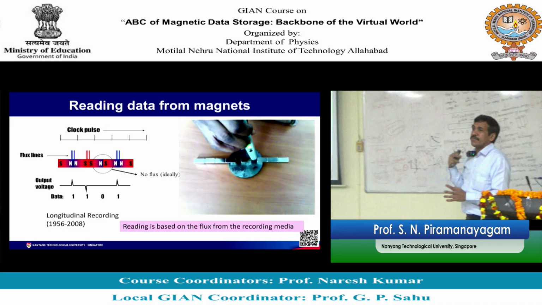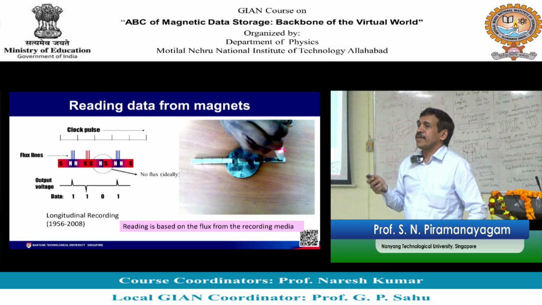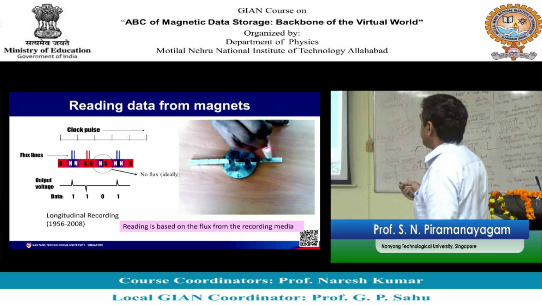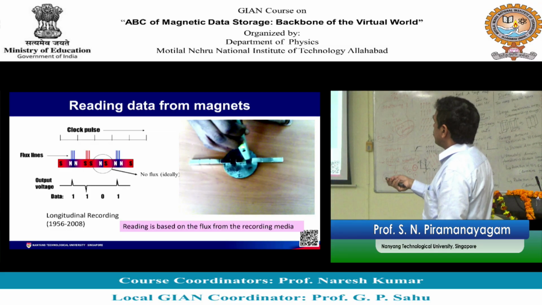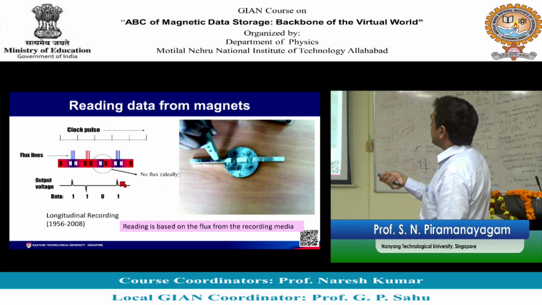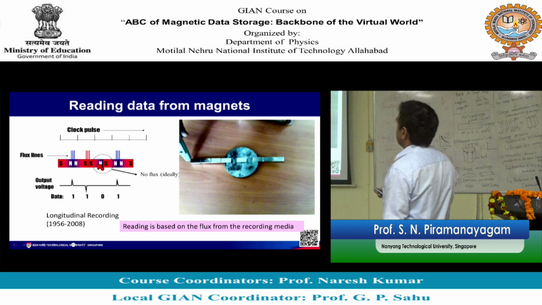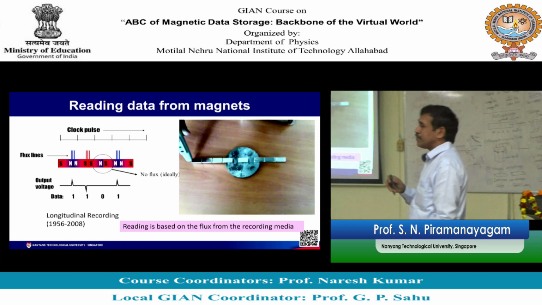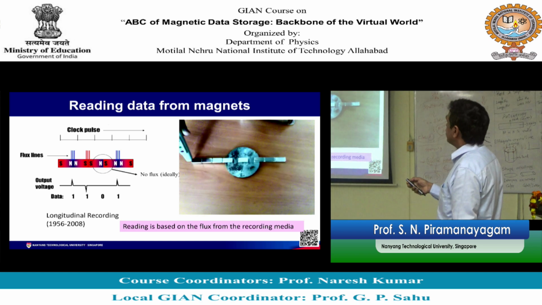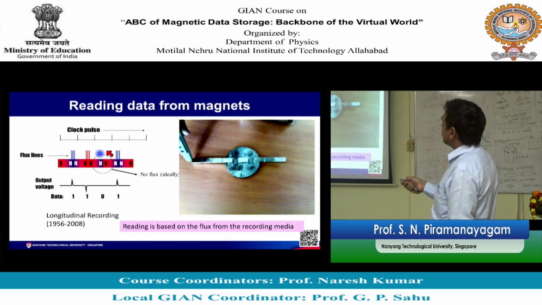So this is roughly the way longitudinal magnetic recording is done. We call this kind of reading technique NRZ. It doesn't matter what NRZ means for you. This is one way of reading information.